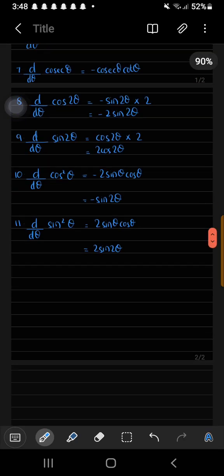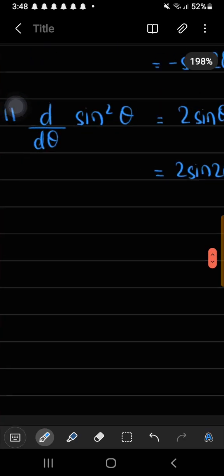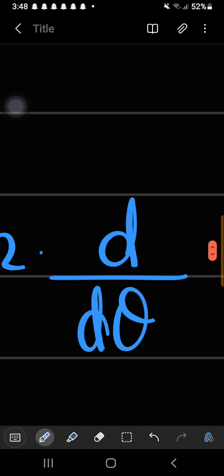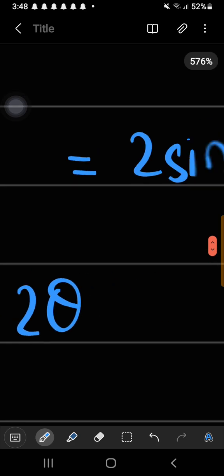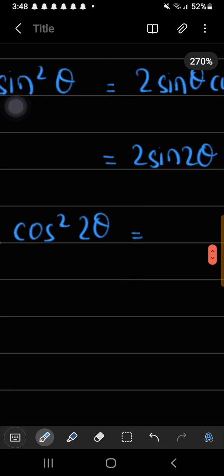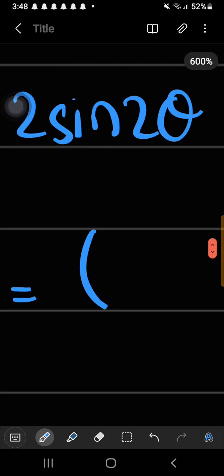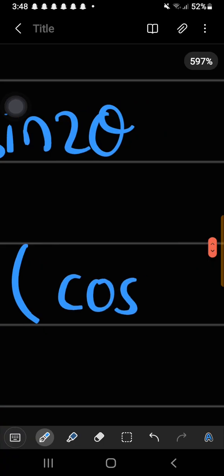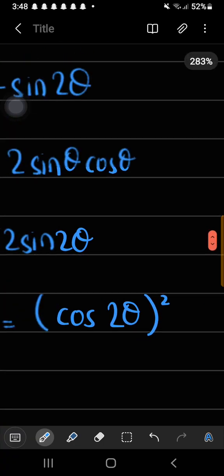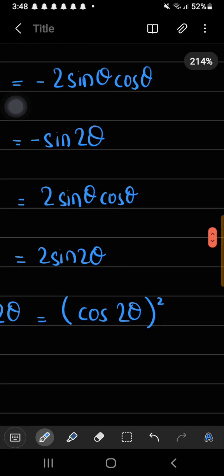There are some more properties. This is 12th, d over d theta of cos square 2 theta, so it is like this, cos 2 theta whole square.